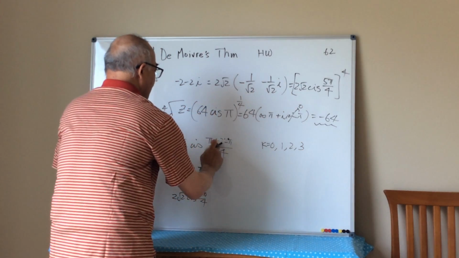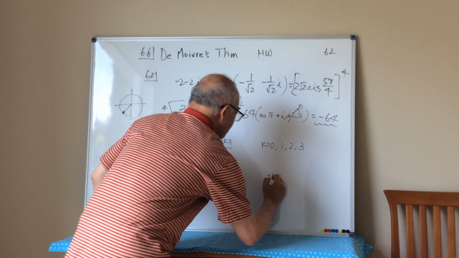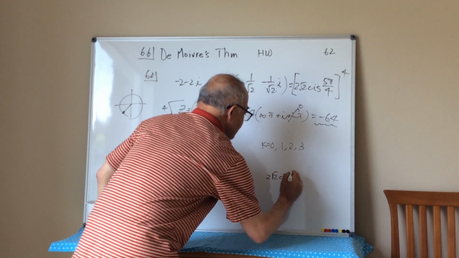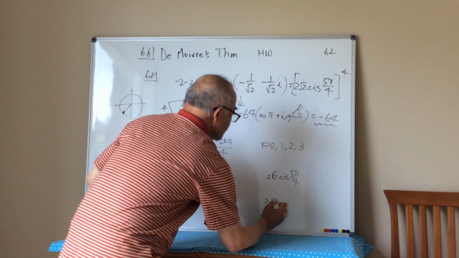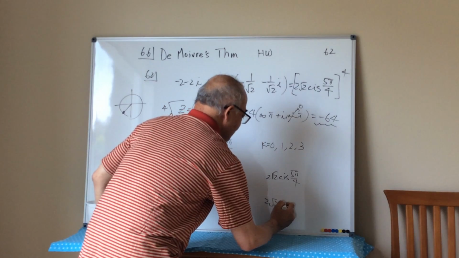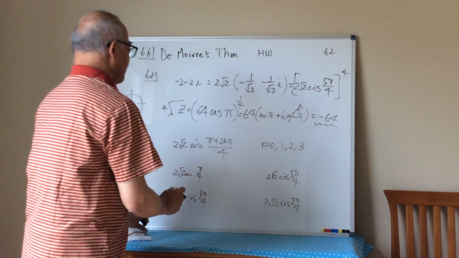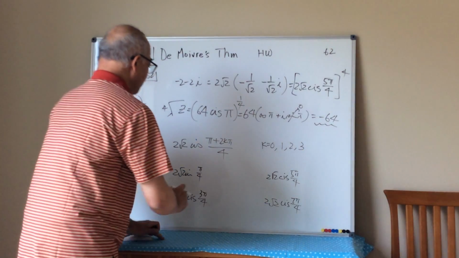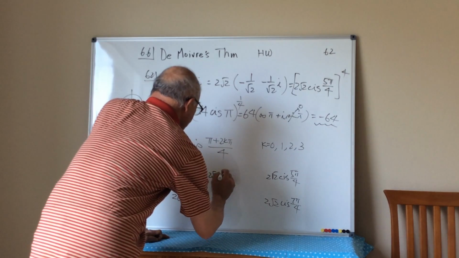When k is equal to 2, this is 4 pi, so this would be 2 root 2 cis 5 pi over 4. When it's 3 I get 6 pi, and that's 7 pi, so 2 root 2 cis 7 pi over 4, okay? So, what is this? This is 2 root 2.